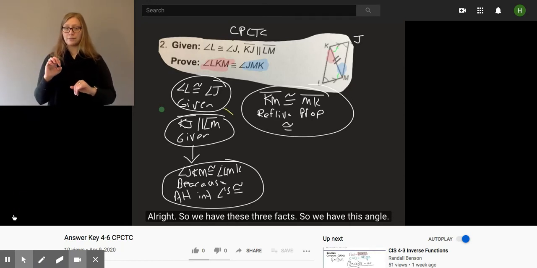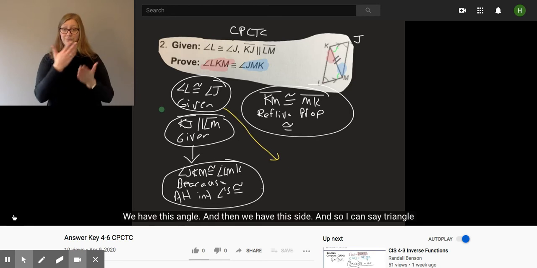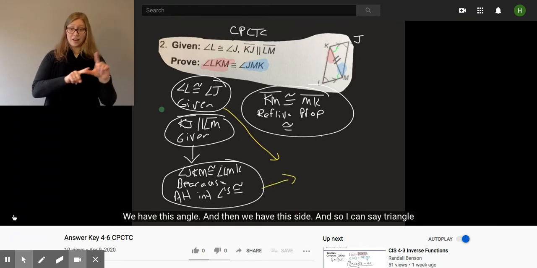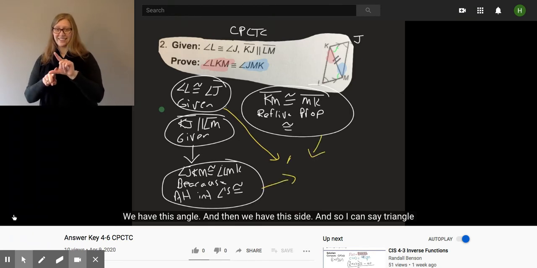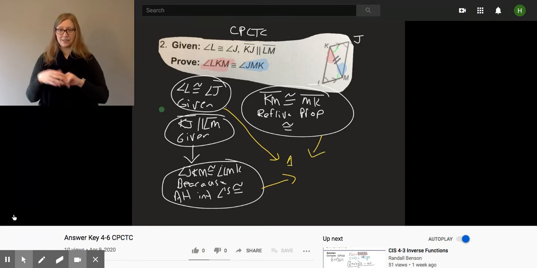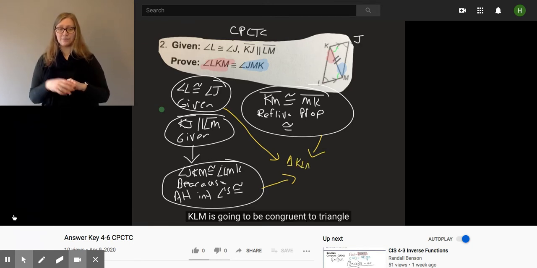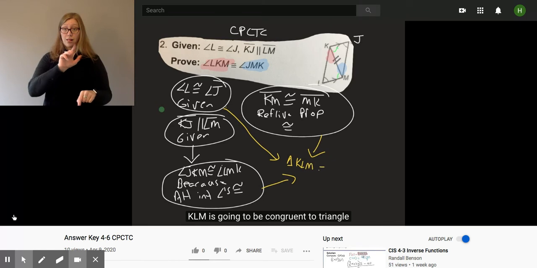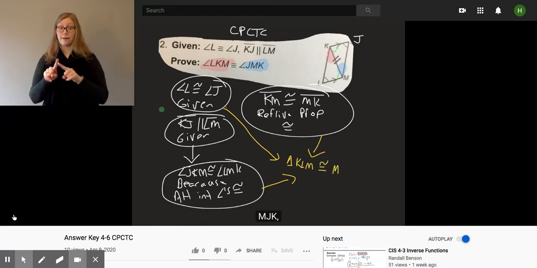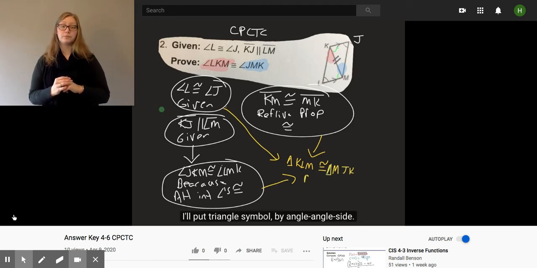All right, so we have these three facts. So we have this angle, we have this angle, and then we have this side. And so I can say triangle KLM is going to be congruent to triangle MJK. I need a triangle symbol by angle, side.